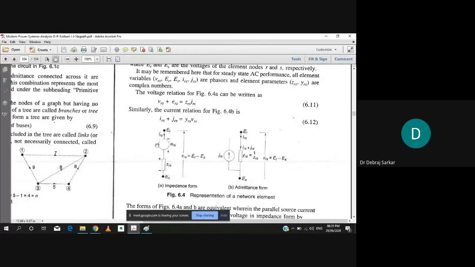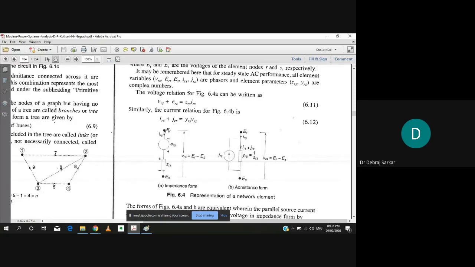Now, for example, you can have only two combinations. One is the voltage source with the series resistance, or the current source with the series resistance. These two types of elements you can only find.